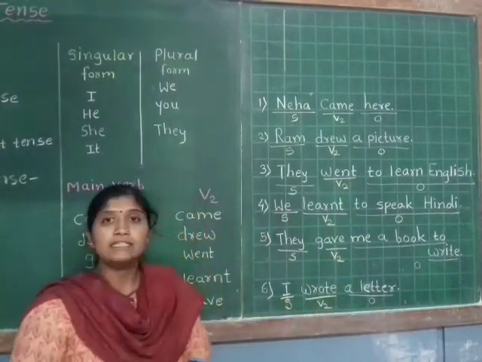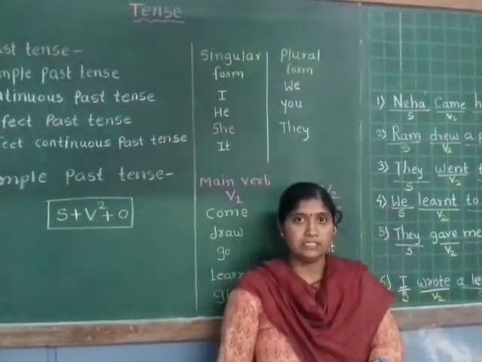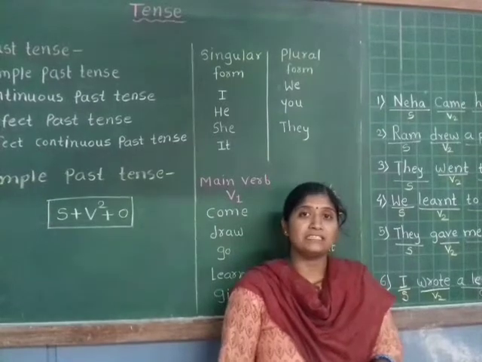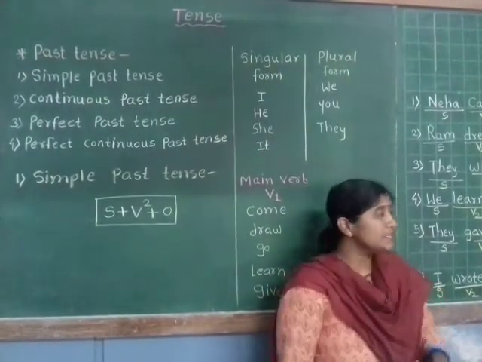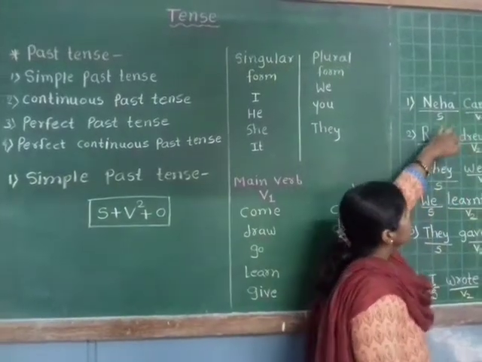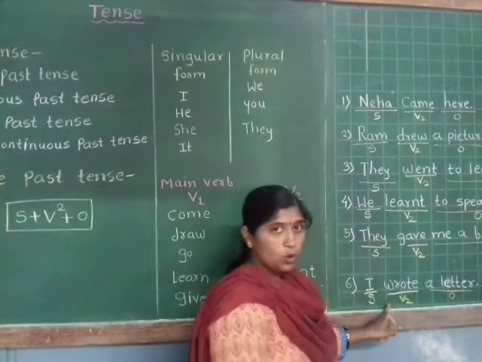Once again we will see our formula. What is the formula of simple past tense? S plus V2 plus O. Look here students, here came, drew, went, learned, gave, wrote.